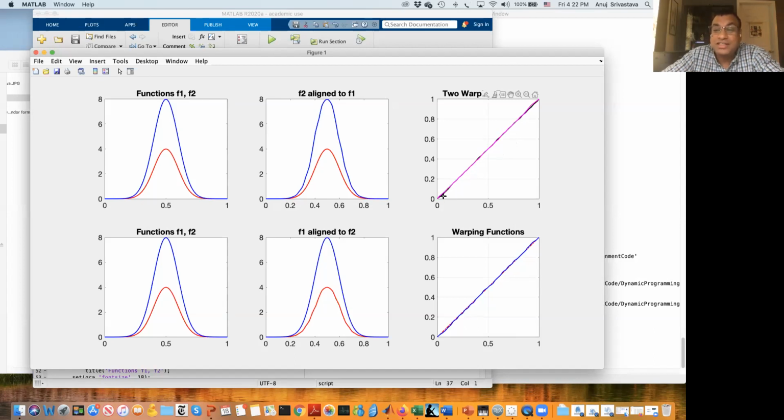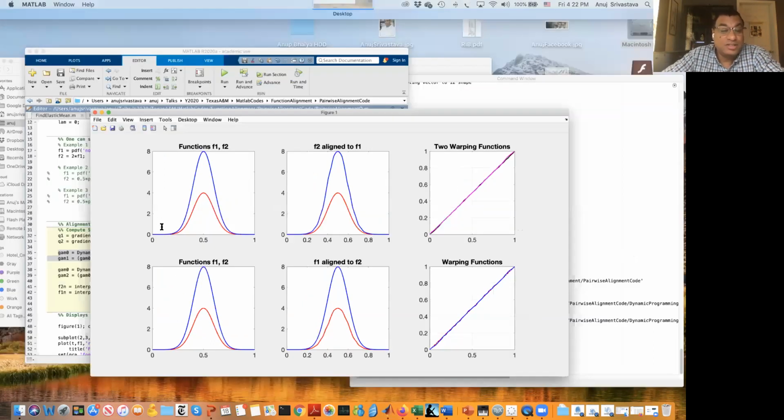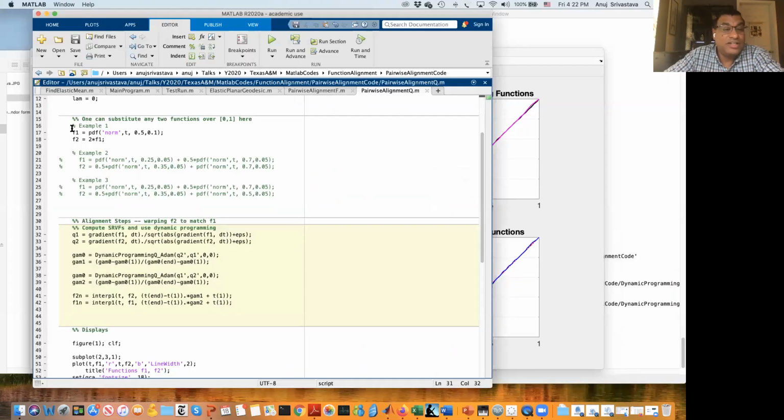Ideally, the warping function should have been exactly a 45-degree line. If we do it the other way around, we warp the red one to align with blue, again nothing happens, and we get a warping function that is a straight line. So this SRVF-based alignment is meaningful: if the functions are already aligned, don't do anything. But L2 does not follow that.